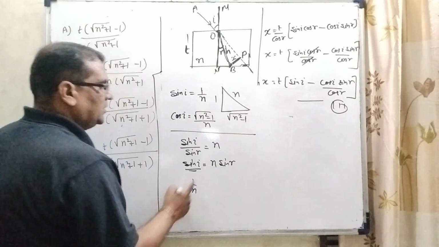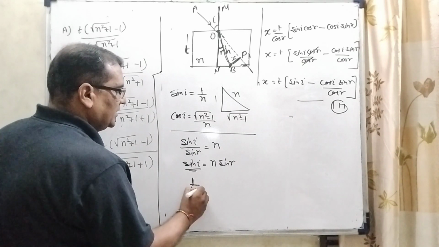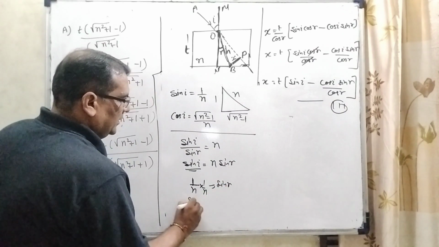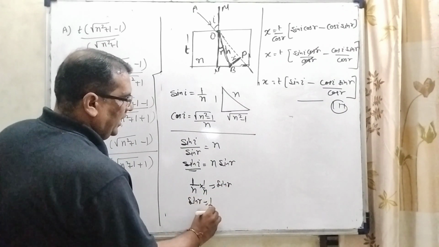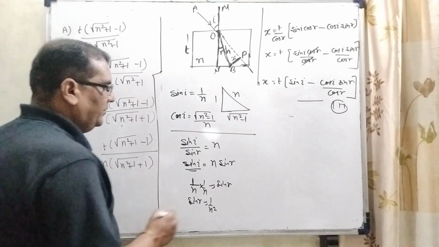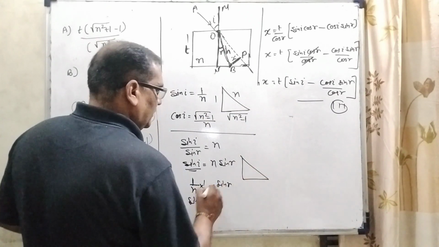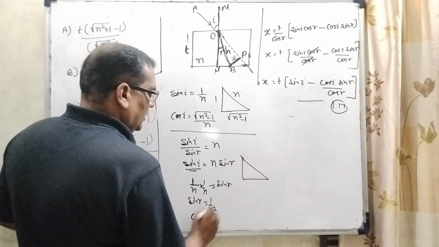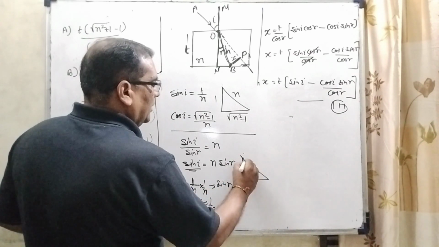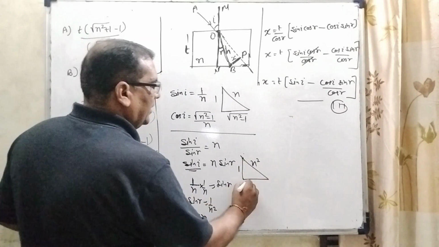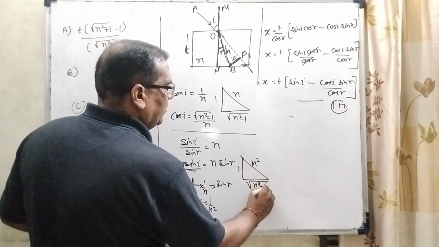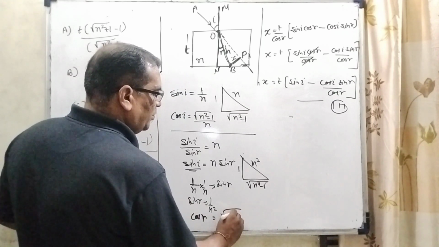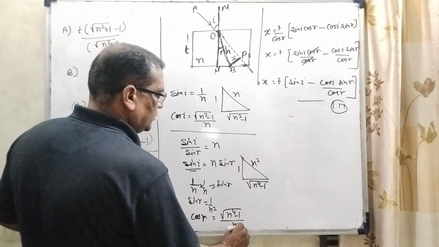So transposing this term, sin r equals 1 by n square. And with the help of this, we can find out the value of cos r. Here the perpendicular is 1 and the hypotenuse is n square. Then what is the base? Root of n raised to power 4 minus 1. So cos r can be written as root n raised to power 4 minus 1 upon n square.